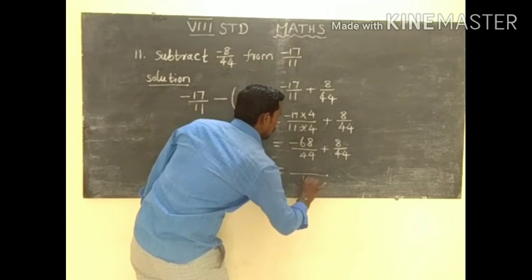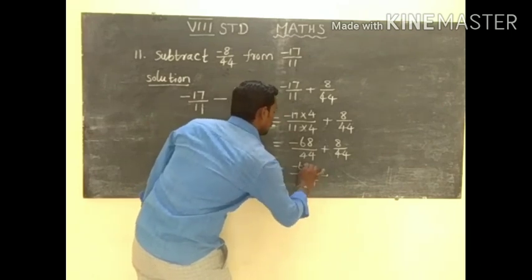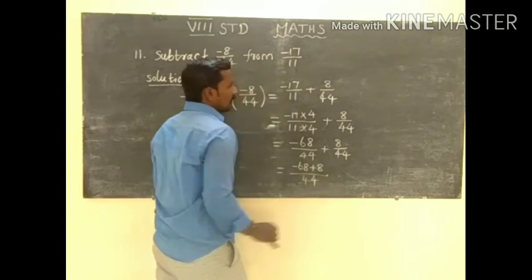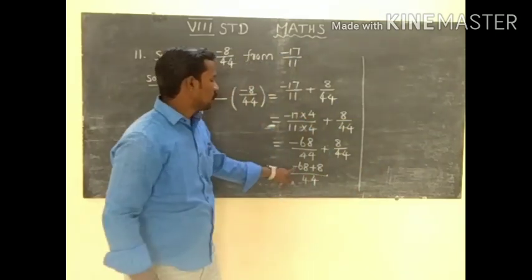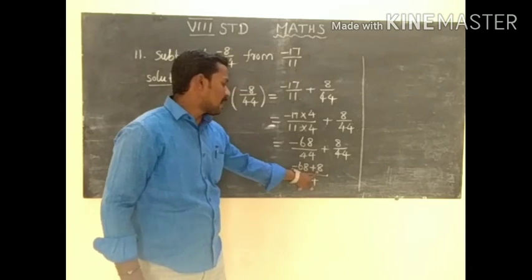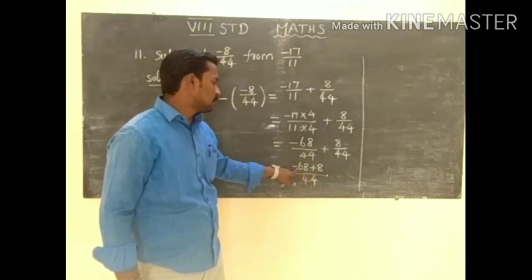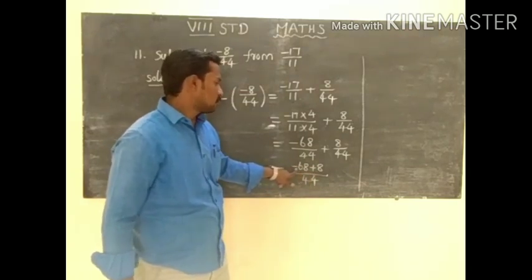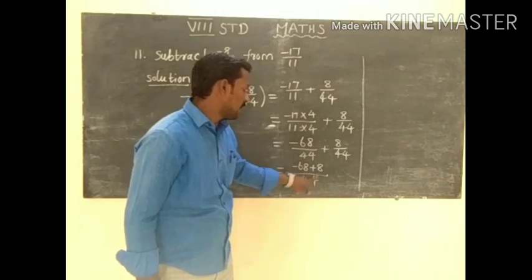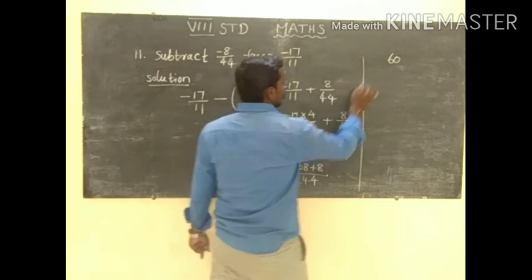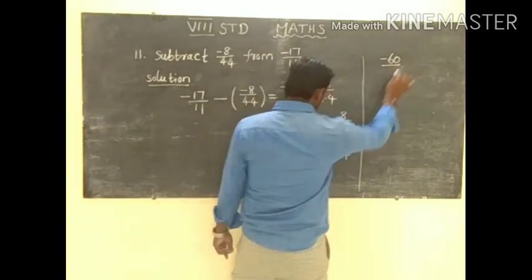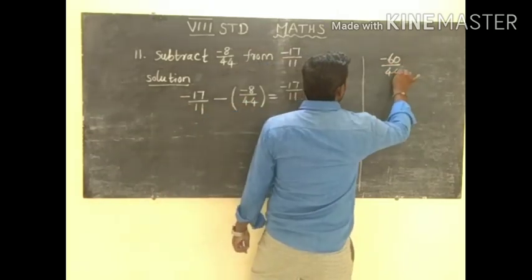So now we get like terms. So minus 68 plus 8. Compare the numerators only. Minus 68 plus 8, now different signs, so make the subtraction. After the subtraction, we put the greater value's sign. So 68 minus 8 is 60, and the greater value's sign is minus, divided by 44.